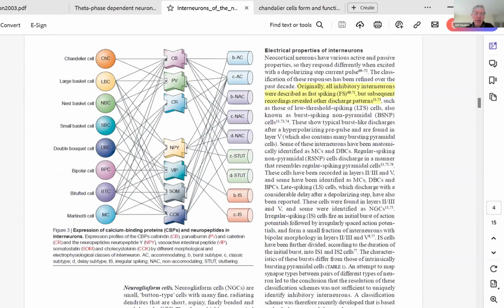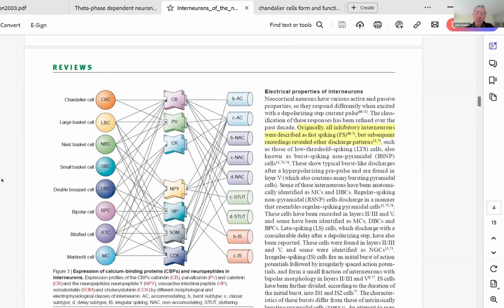Then we get into things like this. There's a whole bunch of neuropeptides and proteins that they can use to categorize these cells. I'm not even sure exactly how they categorize them, but they're listing these calcium binding proteins here, and then these neuropeptides that are associated with different cell types. And then on the right are different types of firing patterns.